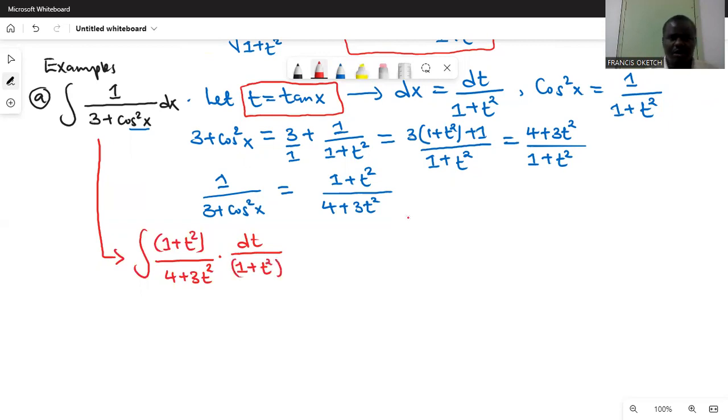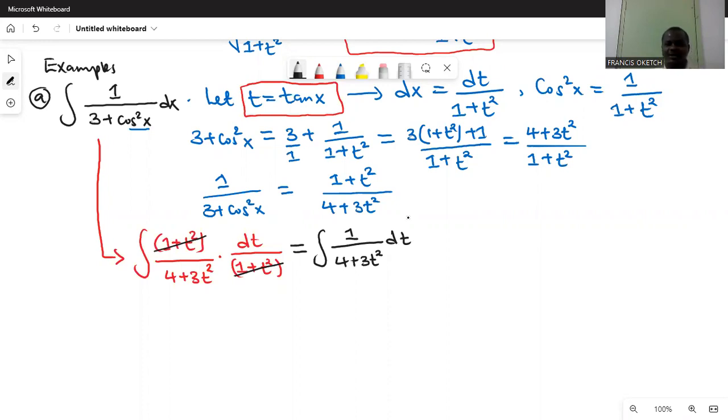So our new integrand depends on t. You see, this will cancel with this other one. If we simplify that, we remain with the integral of 1 over 4 plus 3t squared dt. See, this now is very easy to integrate.